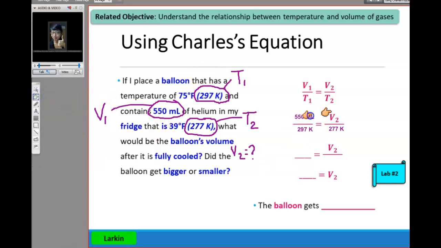All right, so let's go ahead and simplify what we can. Can I simplify the left side or the right side right now? Which one has only numbers, where you can actually do some math? Yeah, we can simplify the left side. So we can do 550 divided by 297. Grab a phone calculator, a computer calculator, or you can Google the word calculator. What do you get when you do 550 divided by 297?